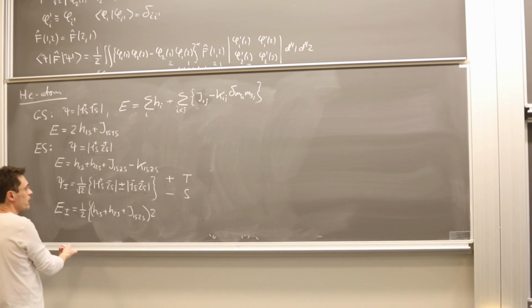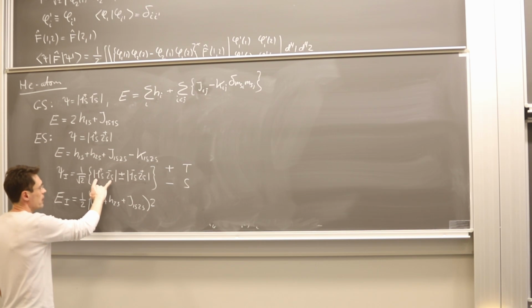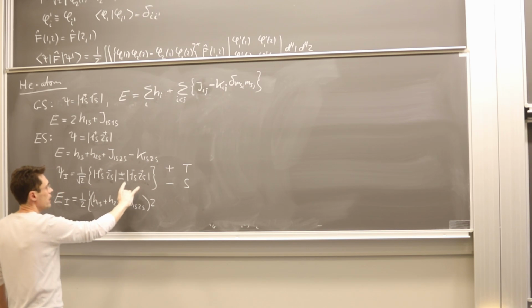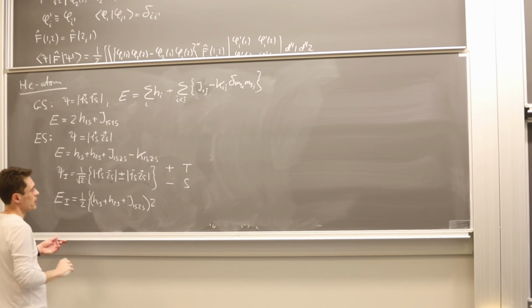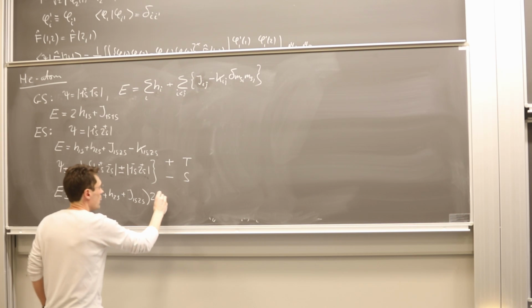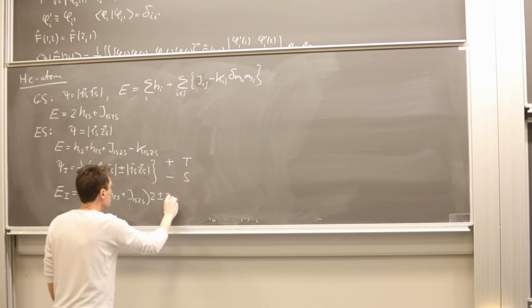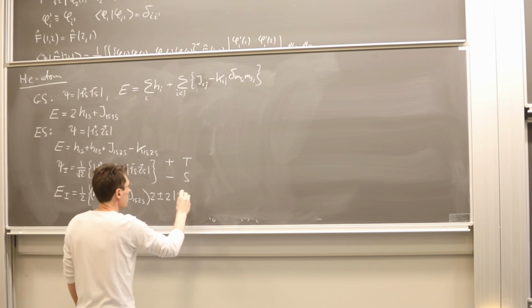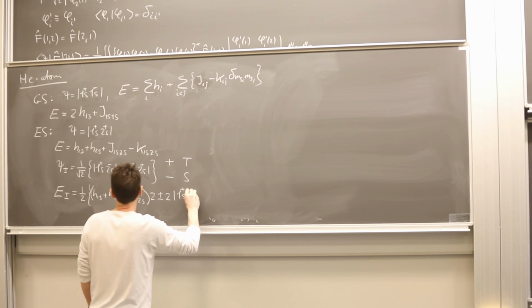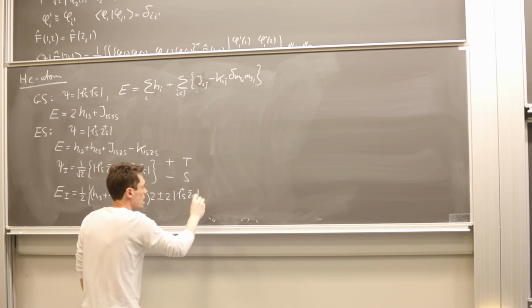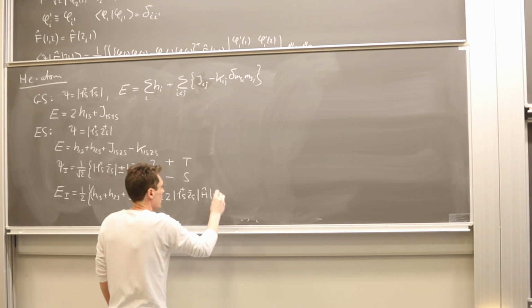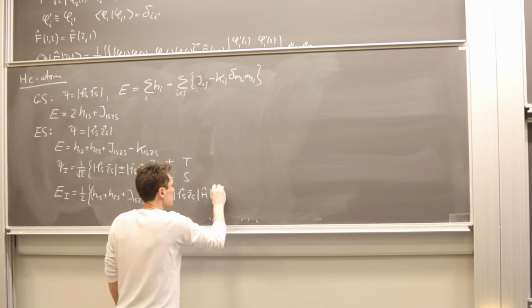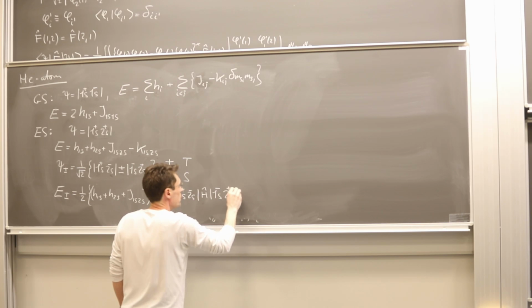But then I have the cross term, this on the left-hand side with this one on the right-hand side, and the analogous term here. So I get a plus minus 2, and then a matrix element of this form. Here's the Hamiltonian, and here's the 1s minus and 2s plus.